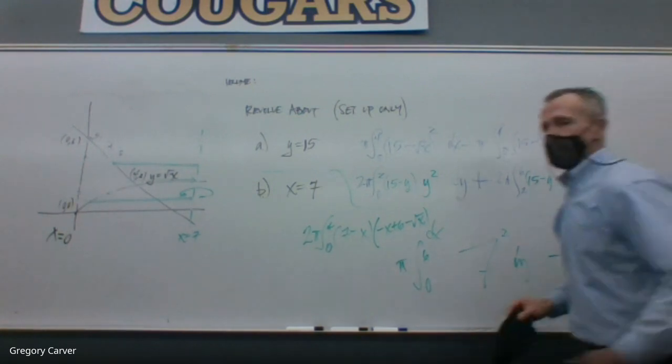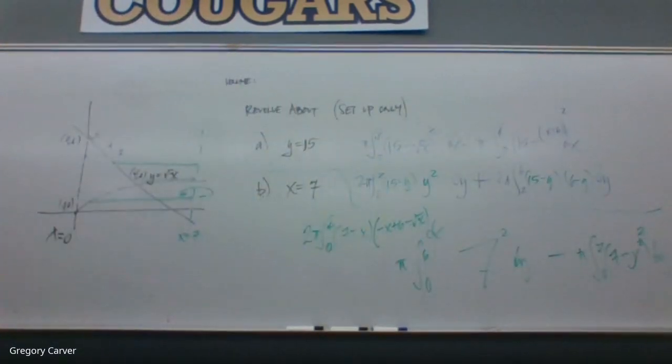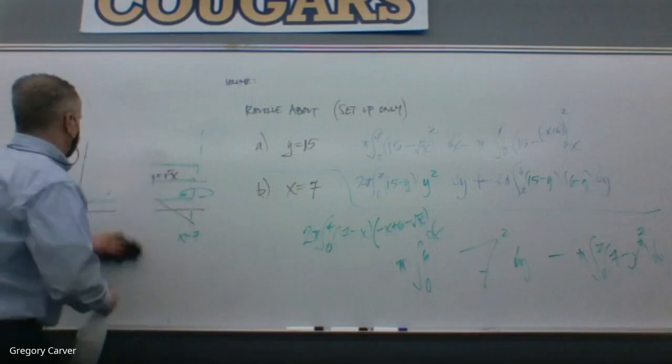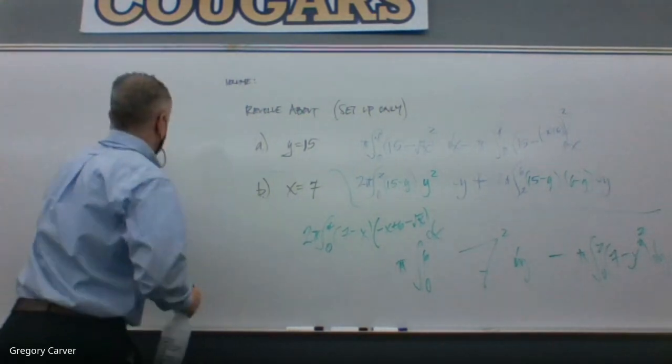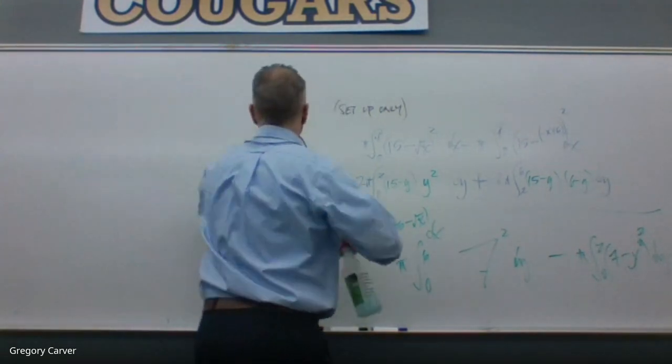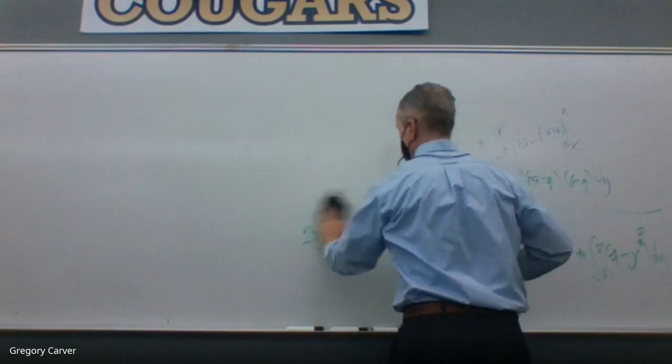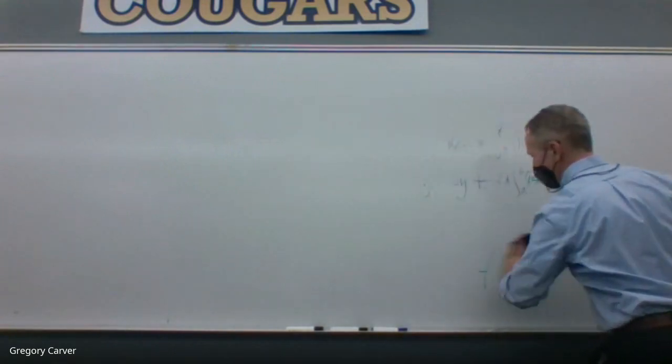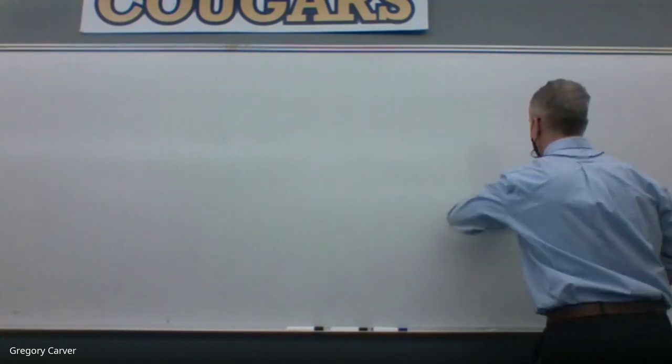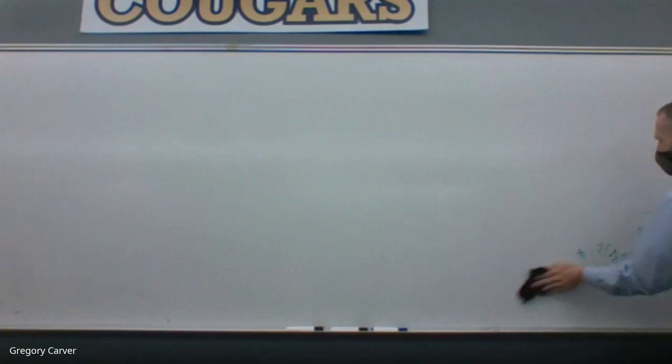All right. So this is called volumes of solids with known cross sections. And we're going to be generating volumes of shapes for which the base shape is defined.